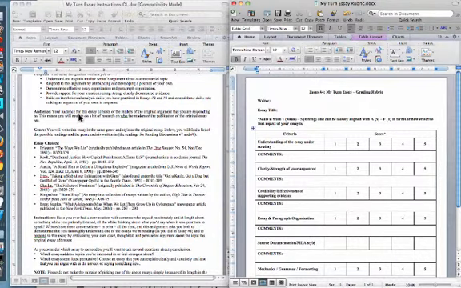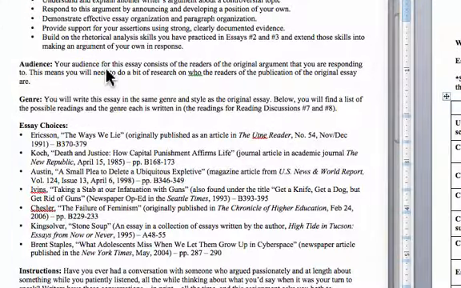Now, there's a little twist on audience and genre in this assignment. The audience for this essay is the same audience that the original argument had. So you can see here that I have listed all of the choices that you had for these essays and where those came from.